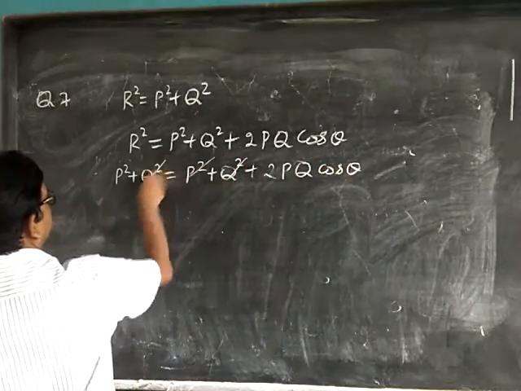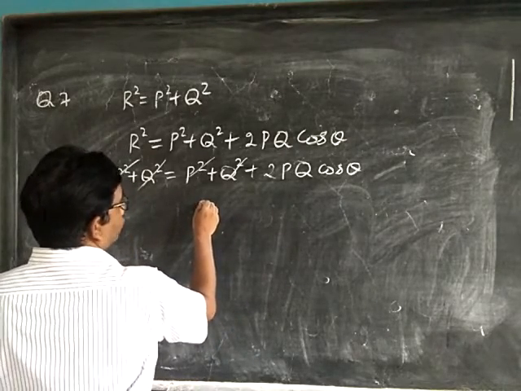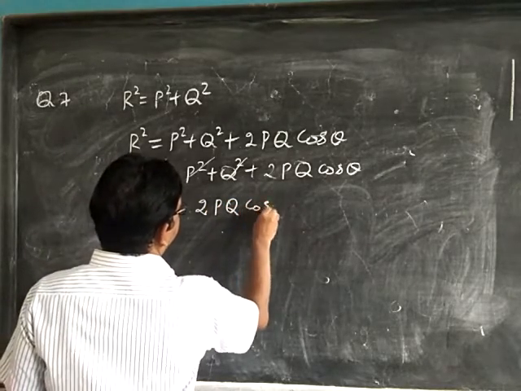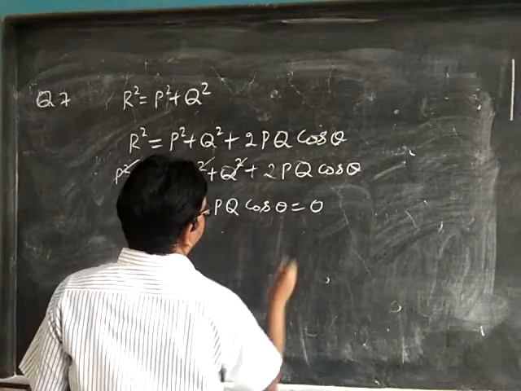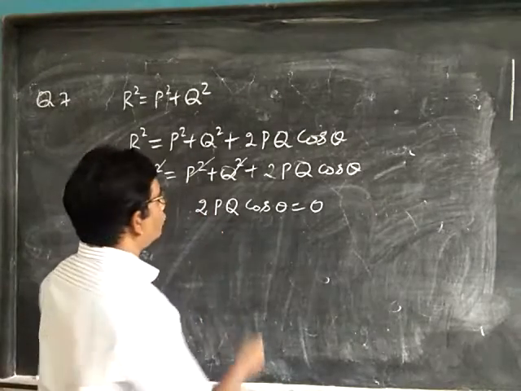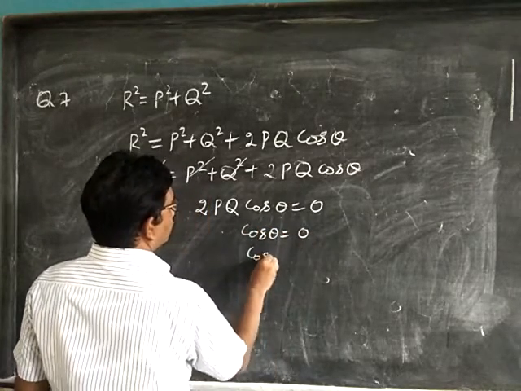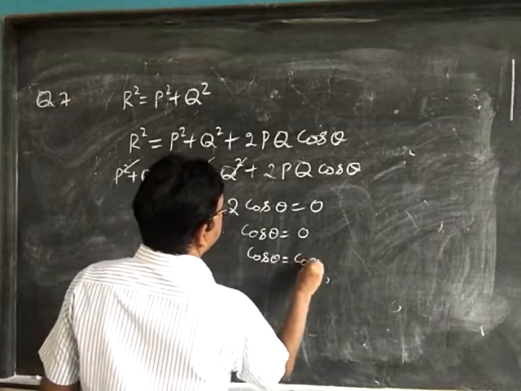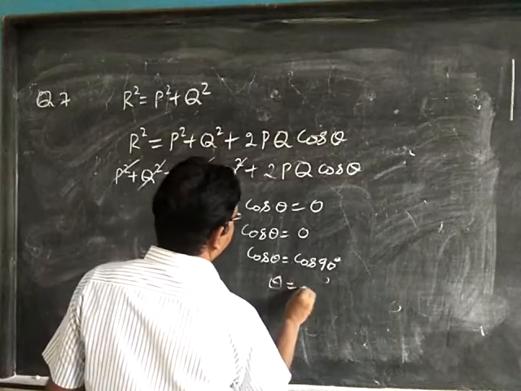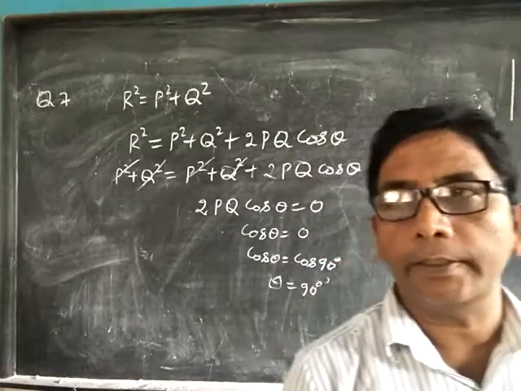We will cancel this from both sides. Then 2pq cos theta is equal to 0. 2pq cannot be equal to 0, that is cos theta is equal to 0. Cos theta is equal to cos 90, that is theta is equal to 90 degree.